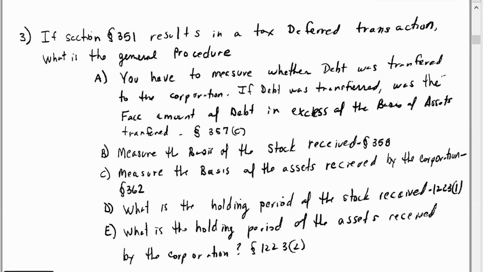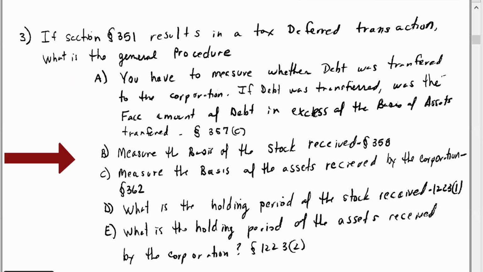Okay, what's this say? If section 351 results in a tax-deferred transaction, what is the general procedure? You have to measure whether debt was transferred to the corporation. If debt was transferred, was the face amount of debt in excess of the basis of assets transferred? 357(c).